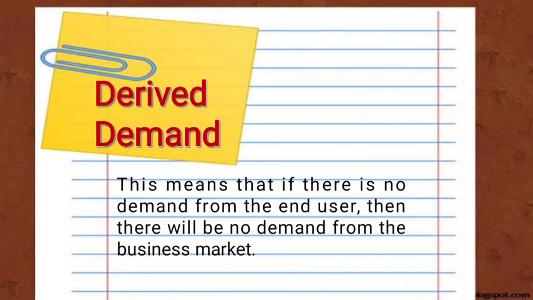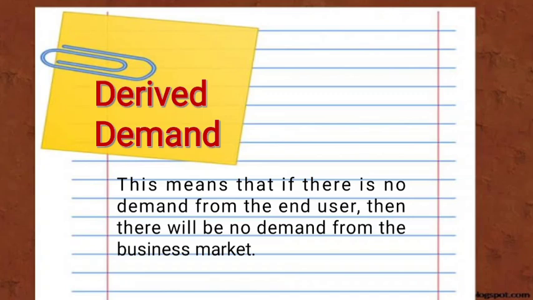So, definitely, the supplier of the business market, hindi sila magiging market ng supplier. It's because walang demand yung end user. So, yung demand ng business market, nakadepende siya sa end user or the consumer market. Okay?